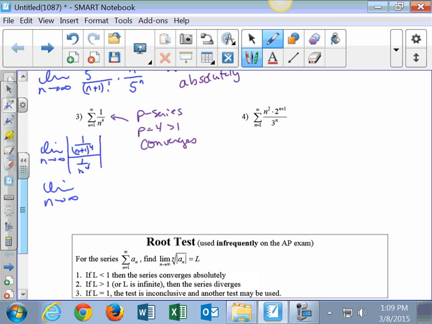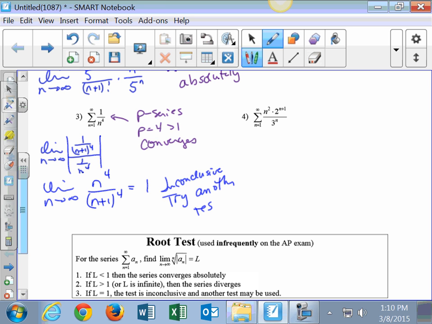But it really doesn't matter since it's raised to the fourth power, and that's really why I didn't put it in the first time. I have n to the fourth over n plus 1 to the fourth. Well, we see we have the same degree in the numerator and denominator, and so what I would get would just be 1. Well, if you look up in the box, if this value here is equal to 1, it's inconclusive, and you have to try another test.